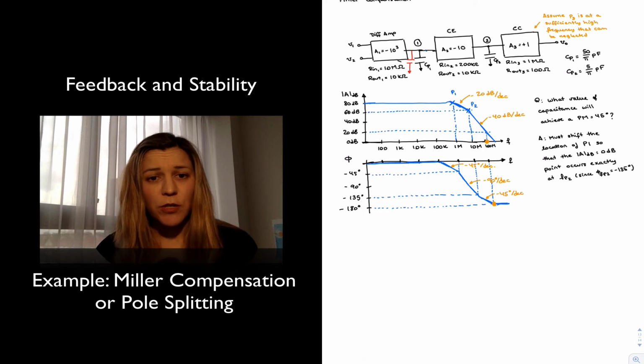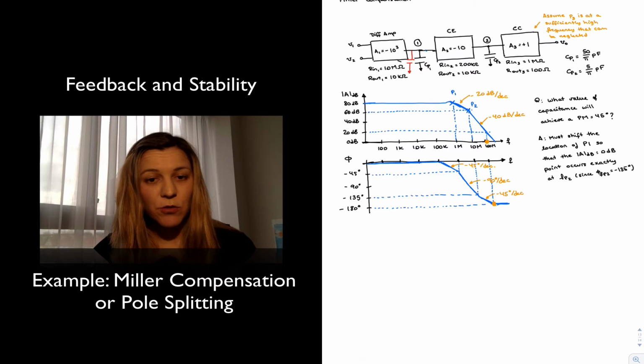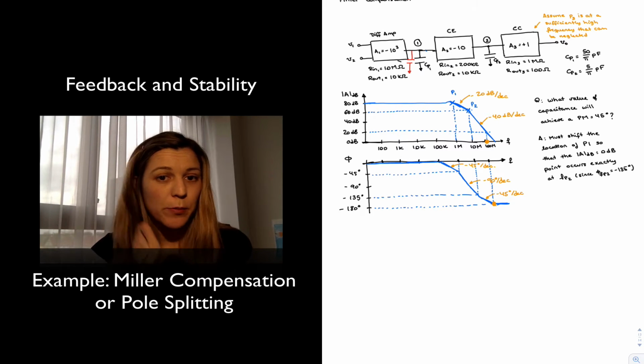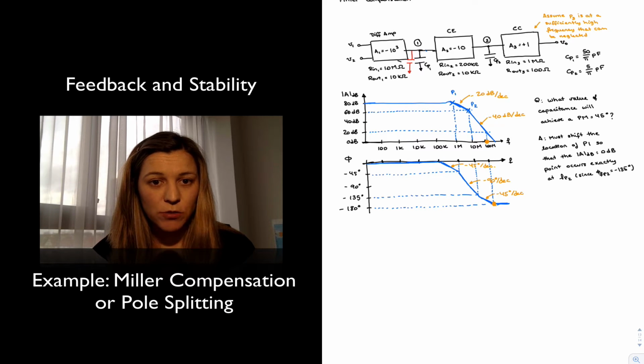Now I mentioned we're going to take advantage of the Miller effect. And the reason for that is if I just connect a capacitor like that in parallel from my node to ground, yes, I'm going to achieve the effect of shifting my pole P1, but I'm probably going to need to use a very large capacitor.